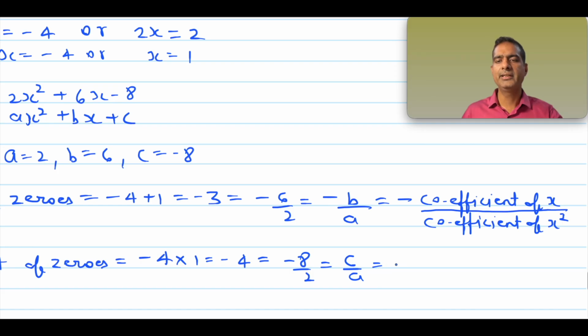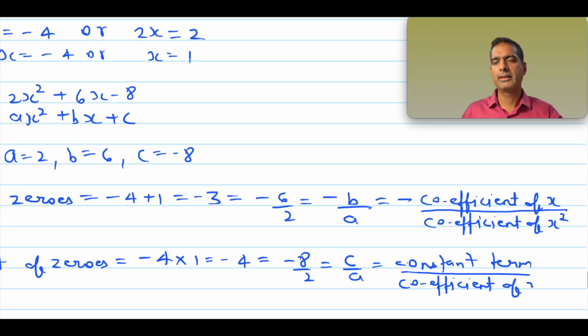Similarly, c is constant term over a is coefficient of x square.